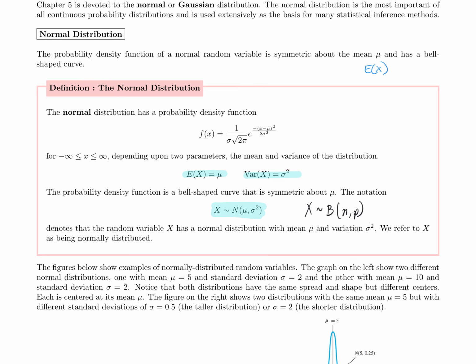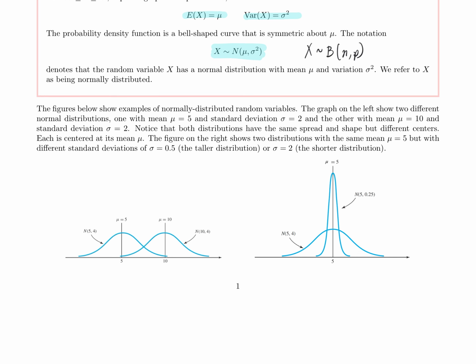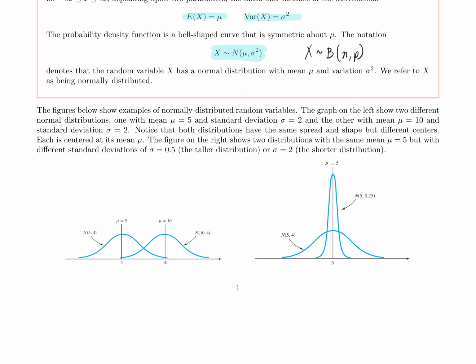So what does a normal distribution look like? Well, here we have two pictures. These figures show examples of normally distributed random variables. The graph on the left shows one distribution overlapped by another, but they're centered in different places. The one on the left has a mean of 5, and the one on the right has a mean of 10.